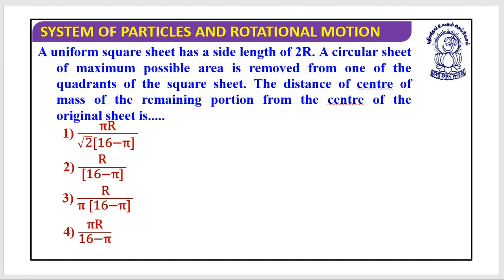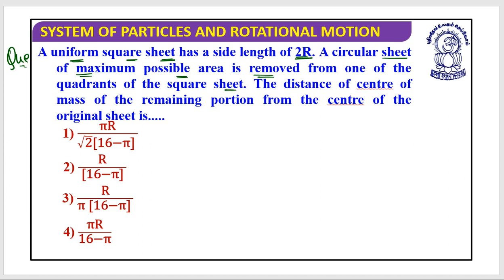Well done. It says that a uniform square sheet has a side length of 2r. A circular sheet of maximum possible area is removed from one of the quadrants of the square sheet.